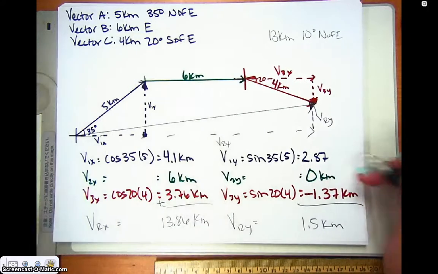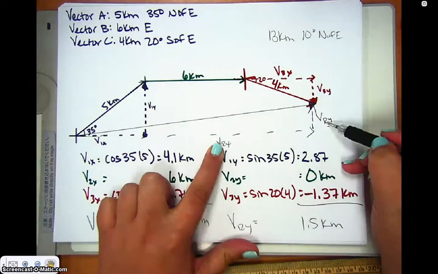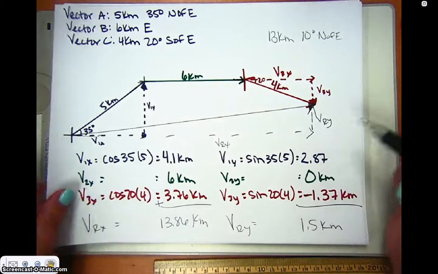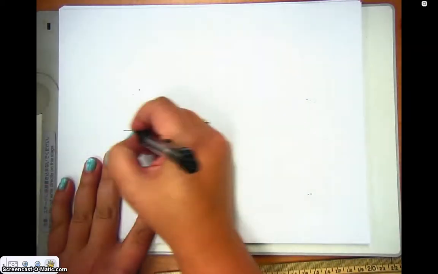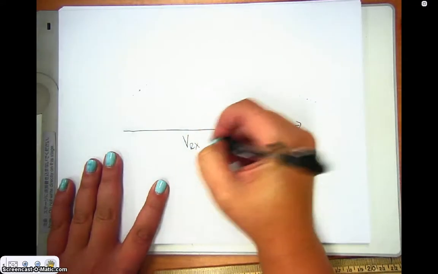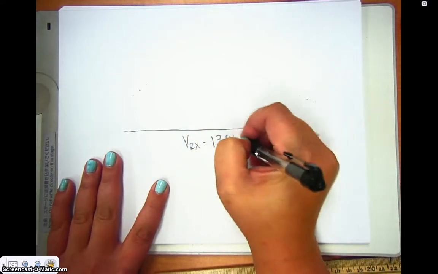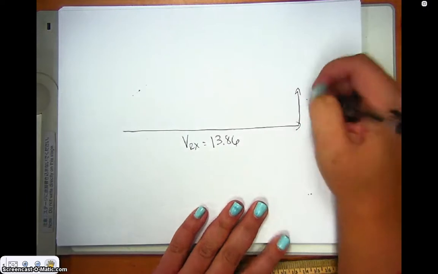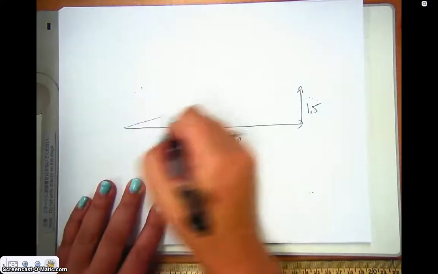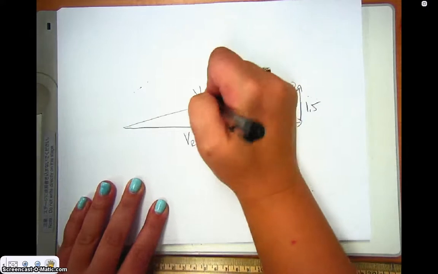So I have the two sides of my right triangle, and since this is kind of messy, let me transfer that over to another sheet, and we'll come back and look at this when I'm all done. So I have my x component, which is 13.86, and my y component here, which was 1.5, and then this was my resultant vector that I'm trying to solve for.